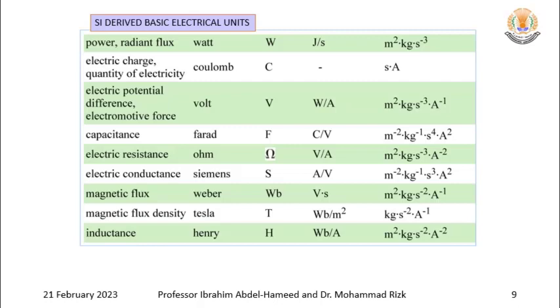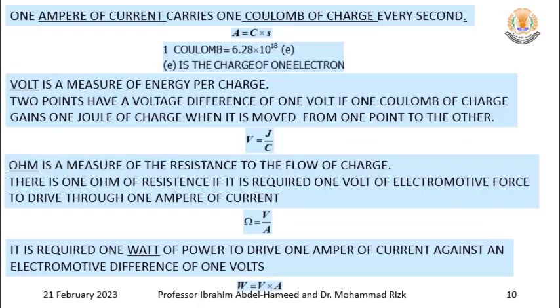So what's the conclusion? They are reciprocal to each other. Resistance is 1 over conductance, or conductance is 1 over resistance. Clear? Without going through details. Magnetic flux will be in Weber. Magnetic flux density will be in Tesla, and inductance in Henry. Now let's start.